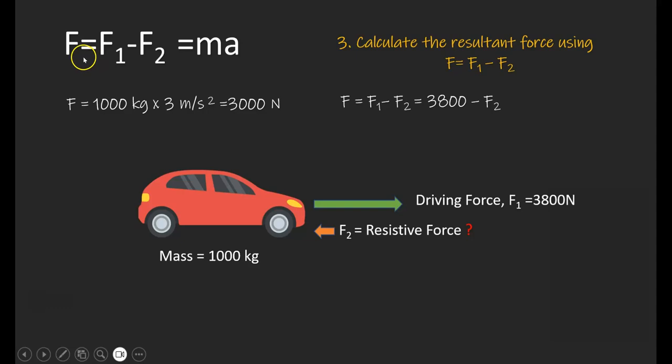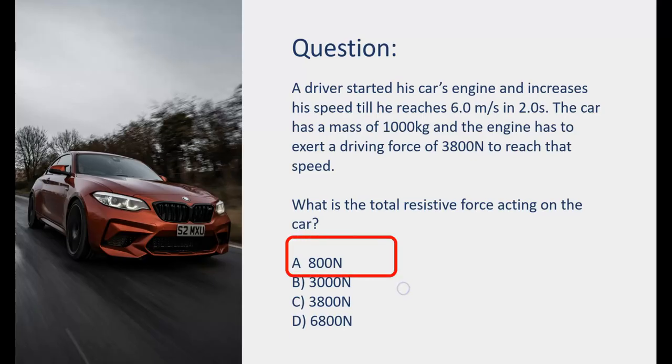Now, going back to this concept, this 3,800 Newton minus F2 is actually equal to 3,000 Newton. Hence, rearranging the equation, we can calculate the resistive force to be 800 Newton. So the answer is A.